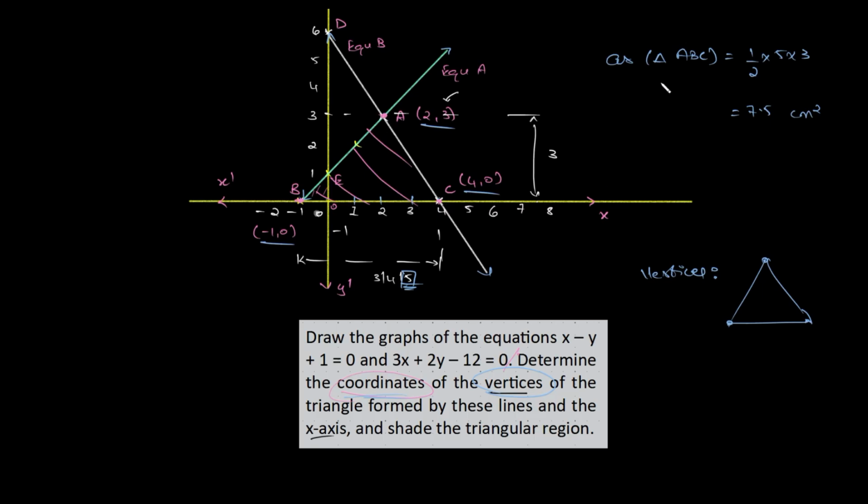And the additional things like area of the triangle, height and base are from my end, because that is the general pattern that's been asked and you guys will face such questions in MCQs. And the final answer that the coordinates are minus 1, 0, 4, 0 and 2, 3 has to be written. So let's do that.